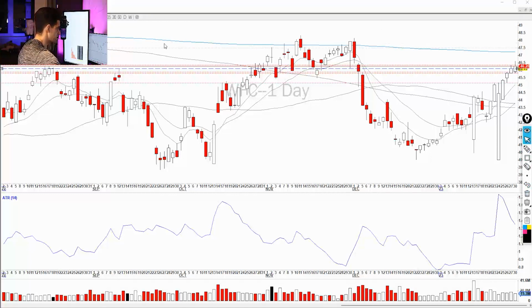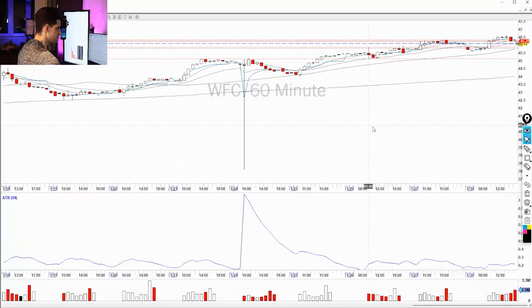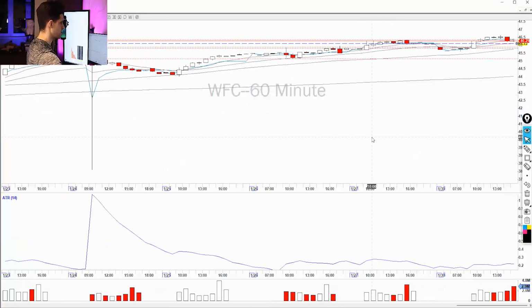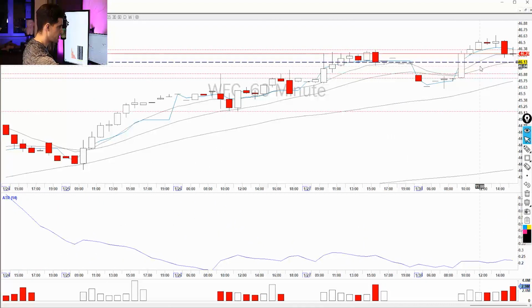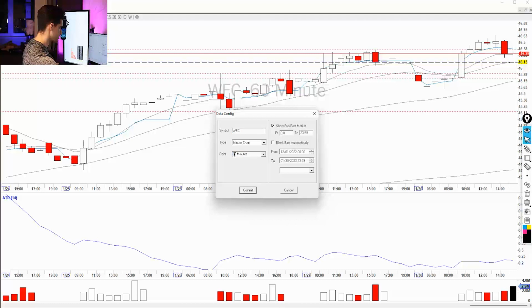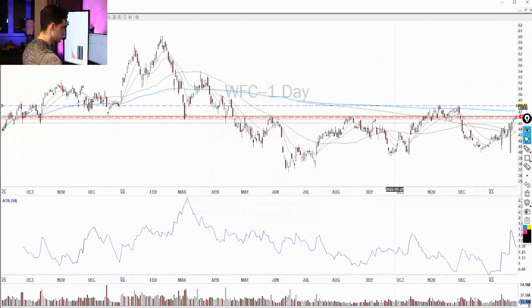Let's go to the 60-minute chart and see if we can play this stock to the short side at any moment. So based on the 60-minute chart, unfortunately, there is nothing formed recently around here. What I usually do if there are no recent levels on the 60-minute chart is switch to the 240-minute chart. So first of all, like I told you, you want to check the daily ATR.